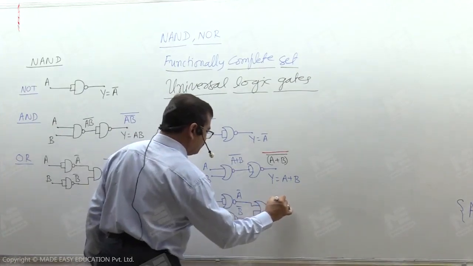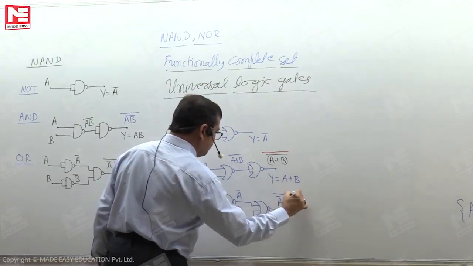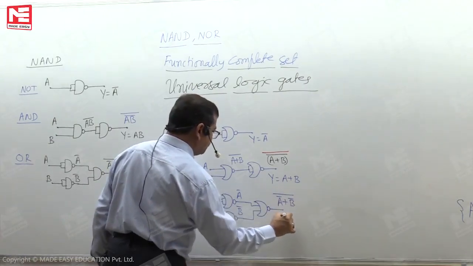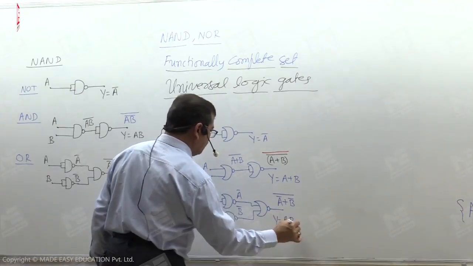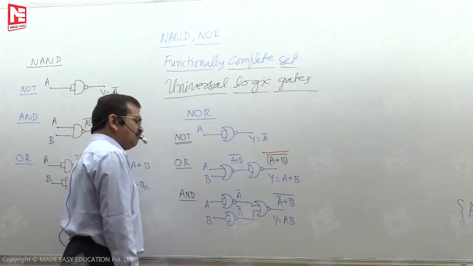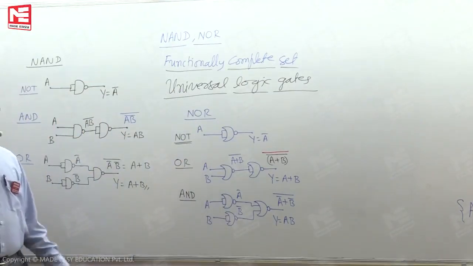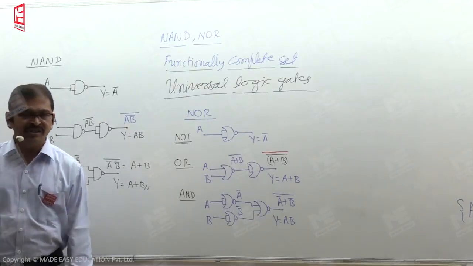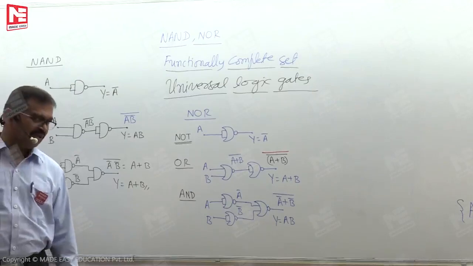So we are looking here, this is A complement or B complement, whole complement. So effectively this will be AB. It is the AND operation. So we have implementation of all the basic logic gates just by using only NOR gates. Hence NOR is also a functionally complete or universal logic gate.